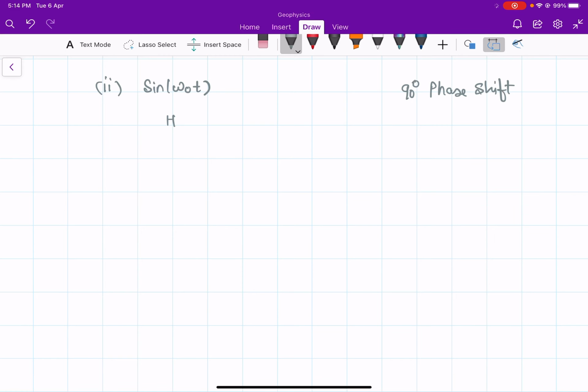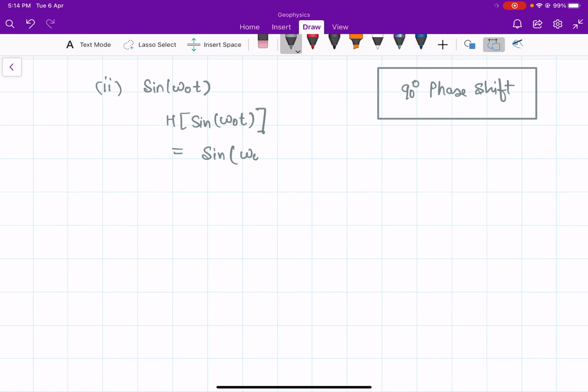So H of sine omega naught t will be sine of omega naught t minus pi by 2, or sine of, taking minus common, minus of pi by 2 minus omega naught t.